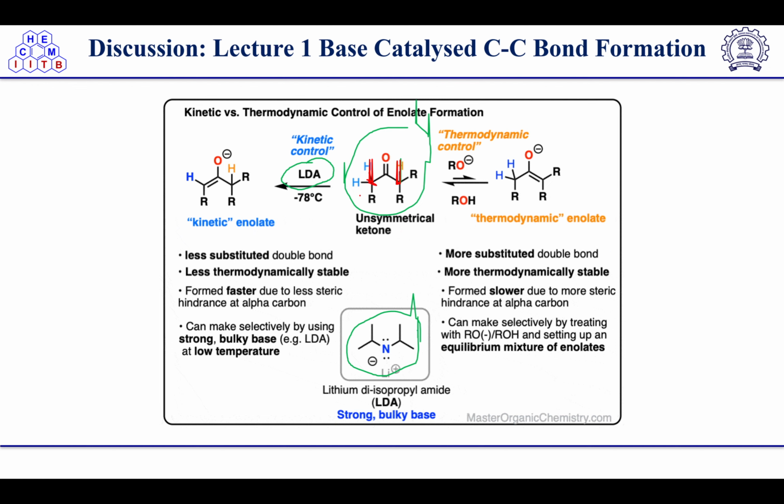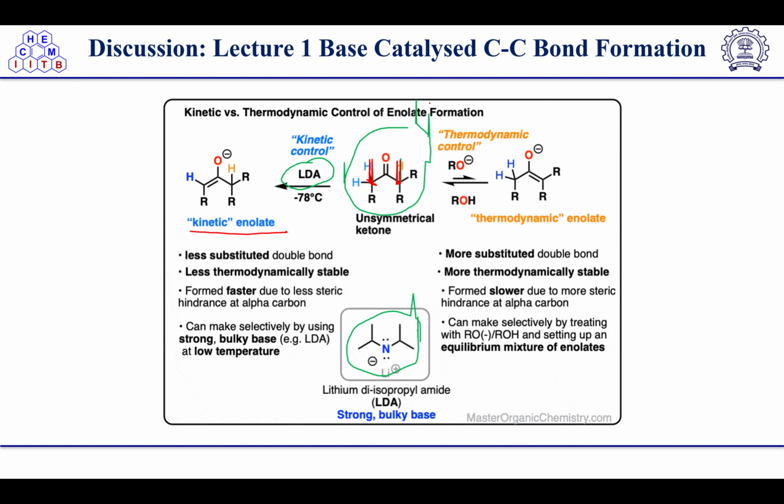So after the abstraction of the proton, it will give this enolate, right? Kinetic control. Remember that in the enolate case, when the less substituted double bond is formed, the reaction is going via the kinetic enolate. And when the more substituted double bond is formed, the reaction is going through the thermodynamic enolate, and the reaction is thermodynamic control.